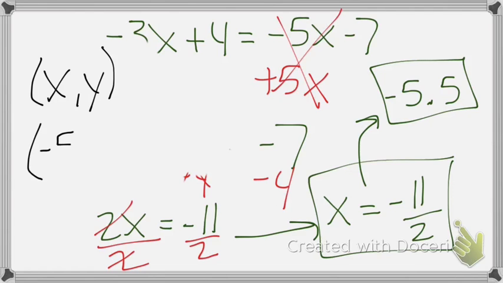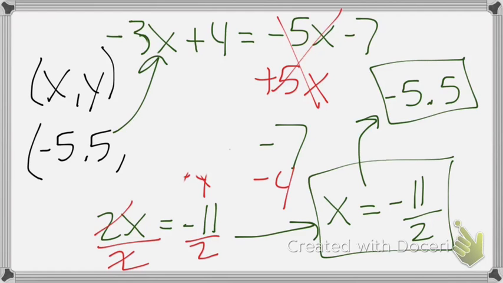It would be negative 5.5 or 11 over 2, whatever you want to put. Then what we'd have to do now is plug that into one of the two equations we were given to figure out what the y would be.